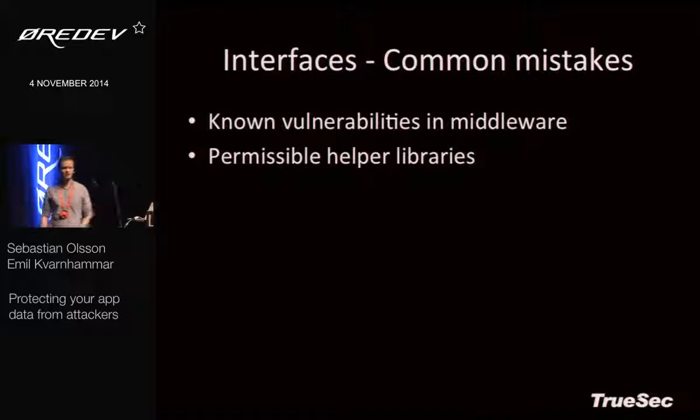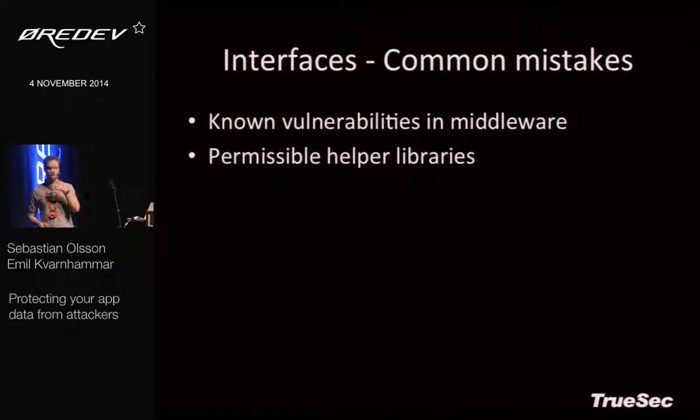For example, some very fast but weird XML parser that allows external entity parsing is a common problem. If your XML parser allows external entity parsing, I can send in an XML document with an external entity referencing a file in your file system and get the content of that file out, and also leverage that for code execution and other things. So you need to really lock these types of things down.